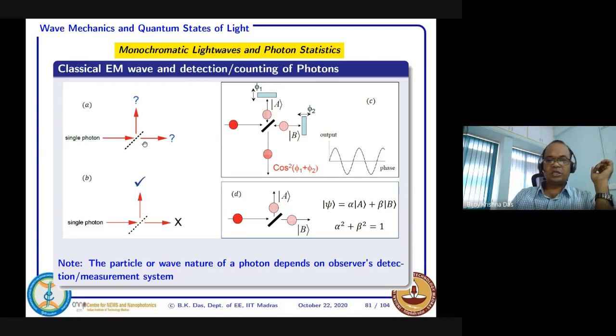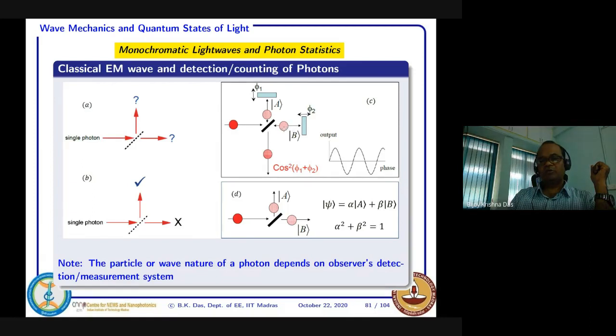That is what we discussed, right? But let us come back to the Michelson interferometer once again. What happens for a single photon when it is coming from the left onto a beam splitter? In the beam splitter, the photon is simultaneously present in both the arms.